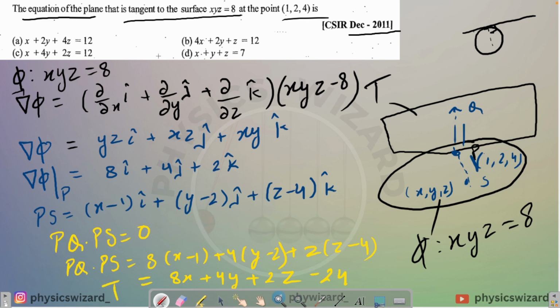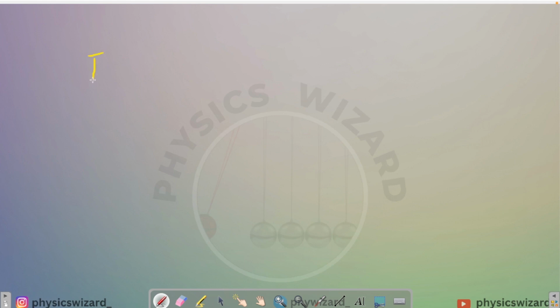Now we will look for the answer. We can see that no option is matching, but why? Let's see. The answer we get here is 8x plus 4y plus 2z minus 24. Then it means that the equation of this plane is 8x plus 4y plus 2z equals 24.